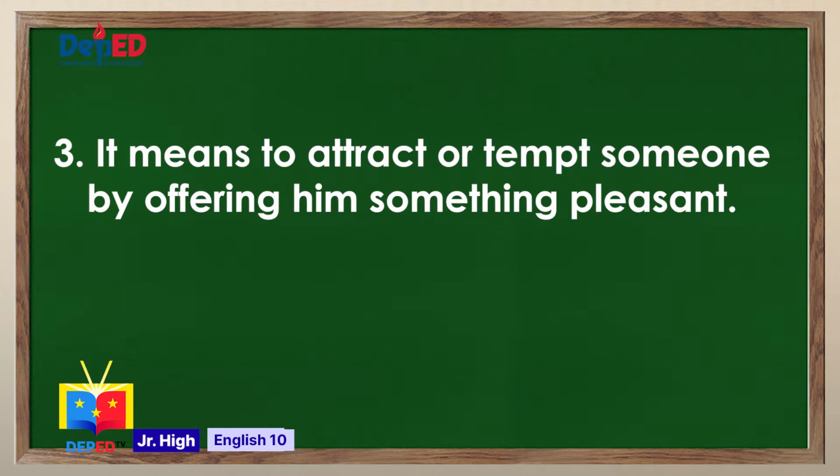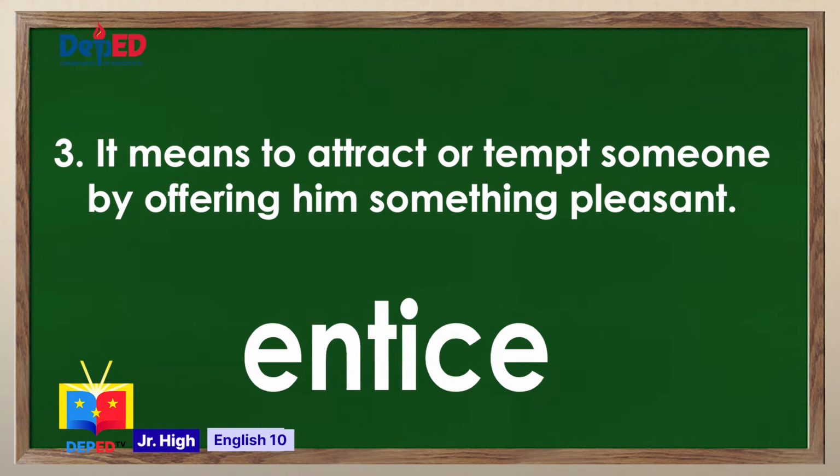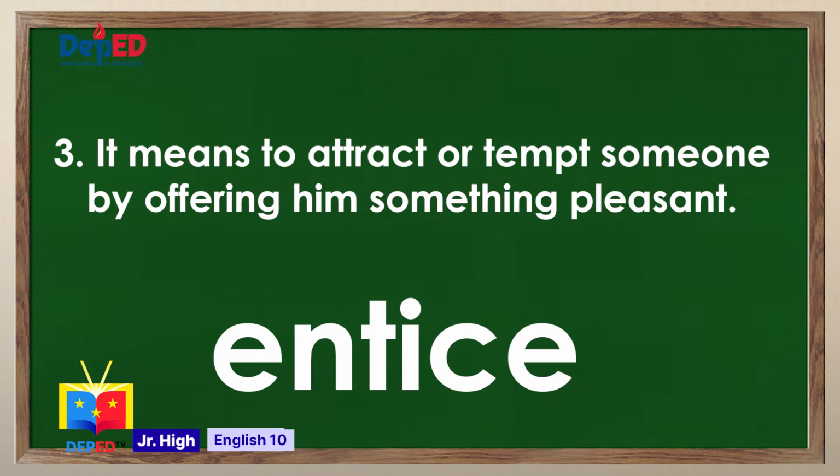Number 3. It means to attract or tempt someone by offering him something pleasant. Entice? Your answer is correct. Example: the hype specifications of the phone enticed May to replace her 3-year-old phone. Again, that is entice.